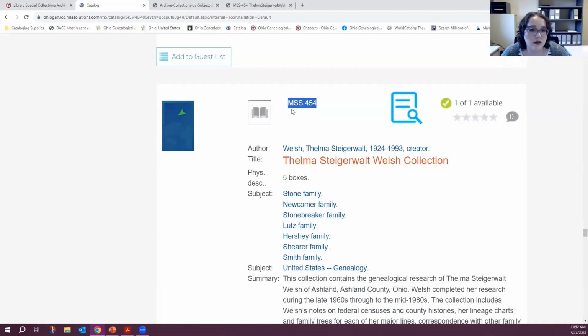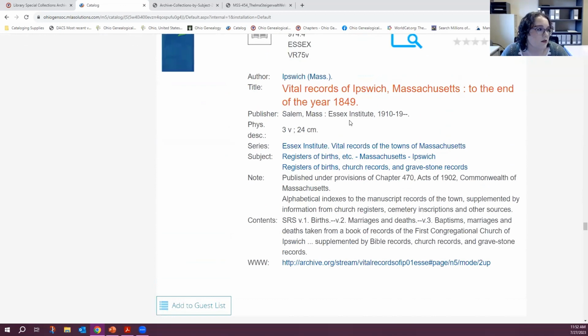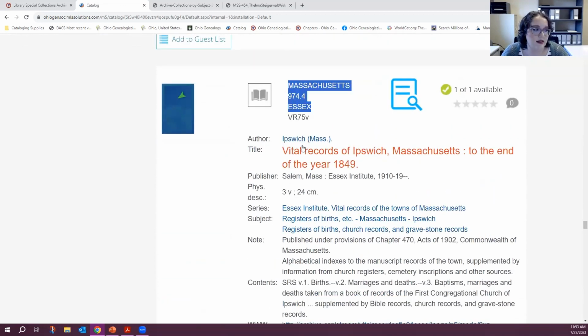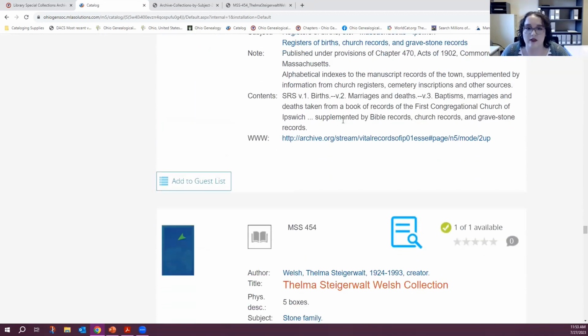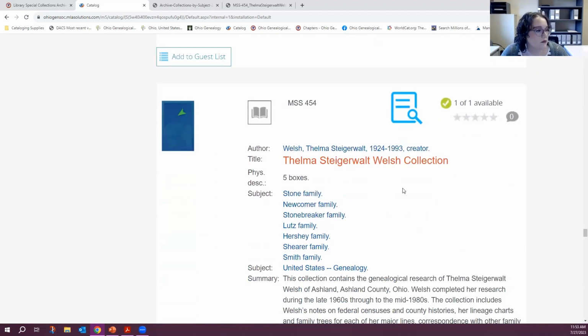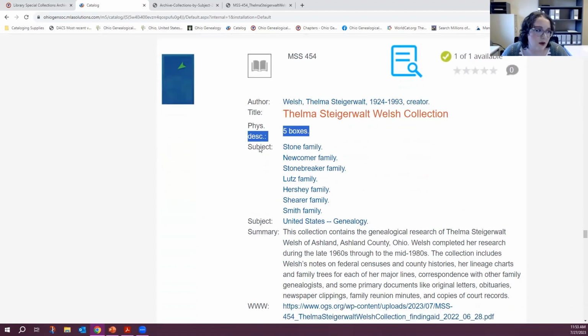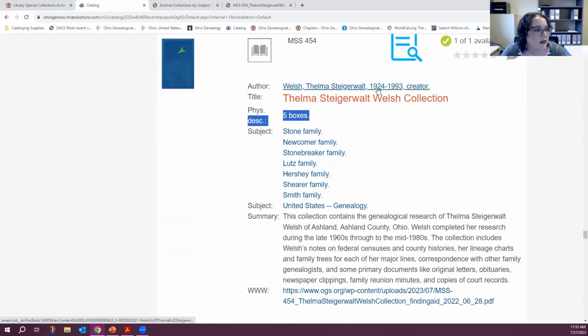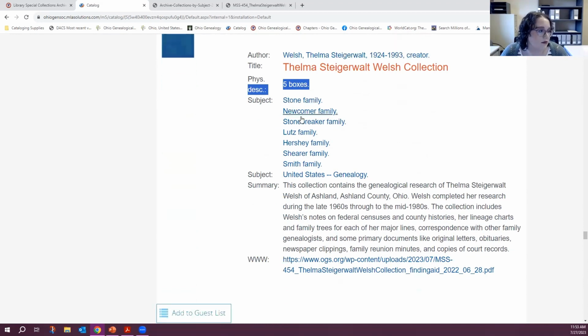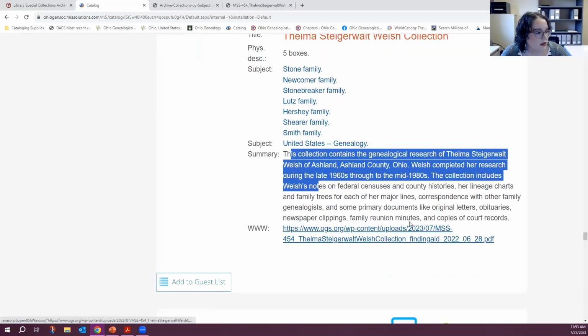If it is a smaller collection that has only a few files, that would be in the subtitle here. For example, with this one, how it has Essex, it would be files 1 through 2 if it was a smaller collection for the call number. And here again, we have 5 boxes. We have the author as Thelma Steger Walt Welsh with her birth and death dates, and then all of the other family subjects, as well as the scope and content note again.